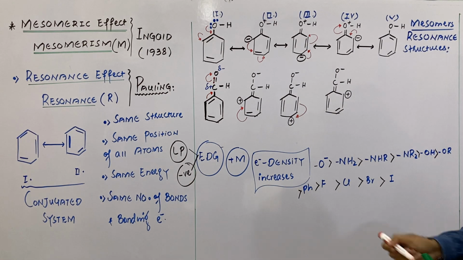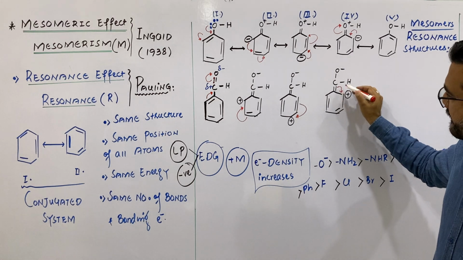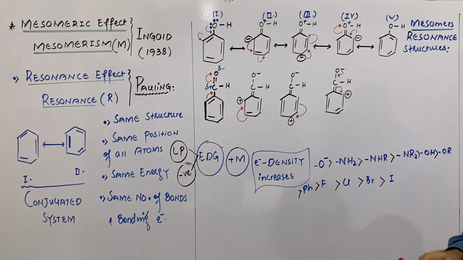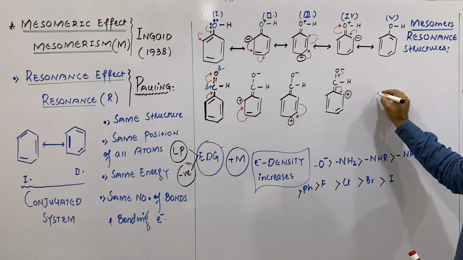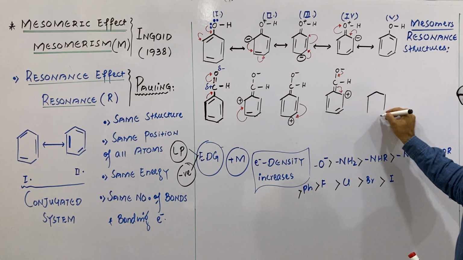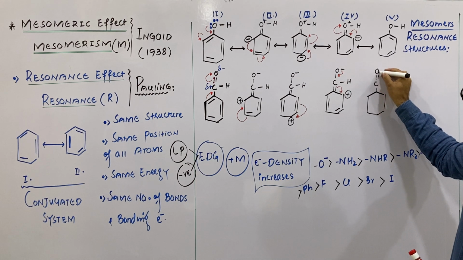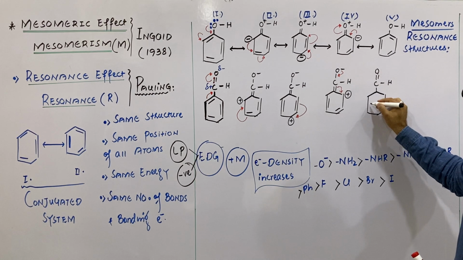Again, it will take the pi electrons, and then the negative charge of oxygen will be shifted here, and the resulting structure will look like the first structure, but it will be different from it.